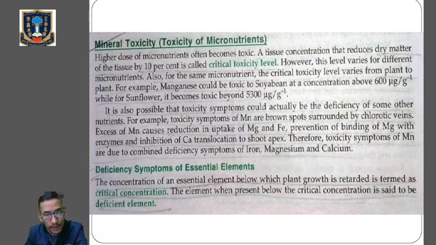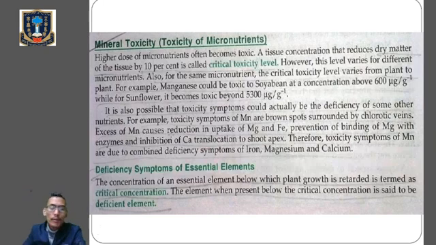For example, toxicity symptoms of manganese are brown spots surrounded by chlorotic veins. Excess manganese reduces uptake of magnesium and iron, prevents binding of magnesium with enzymes, and inhibits calcium translocation to the shoot apex. So toxicity symptoms of manganese are due to the combined deficiency symptoms of iron, magnesium, and calcium.